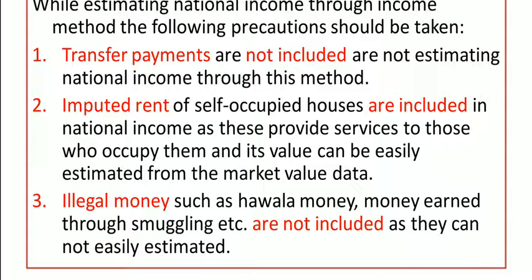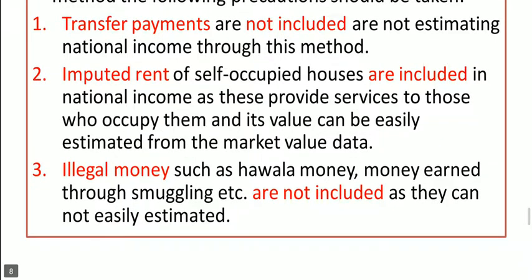You are getting the rent from the house, but one of the floors you have occupied. That means the income of that floor is equal to the rent of a rented floor. So in this case the income will be included in national income.